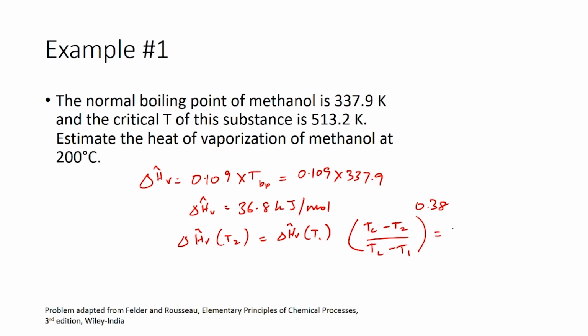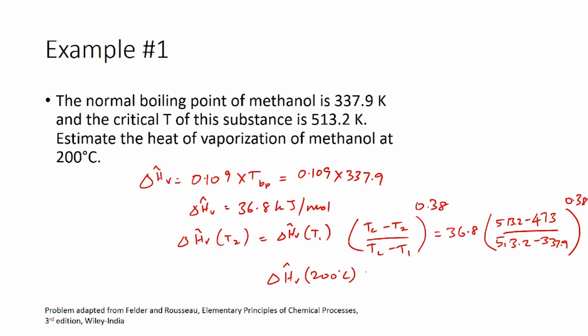So this would be 36.8 times 513.2 minus 473 divided by 513.2 minus 337.9 to the power of 0.38. Using this we would be able to calculate the heat of vaporization for methanol at 200 degrees Celsius as 21 kilojoules per mole.